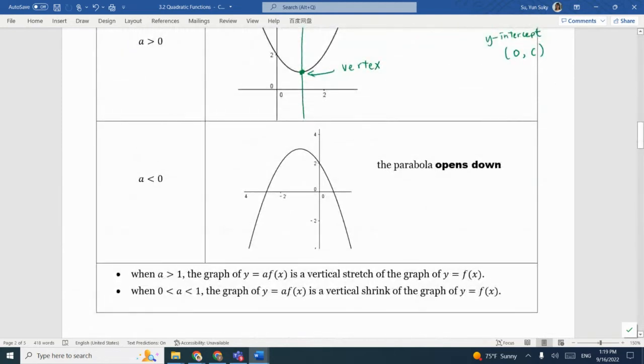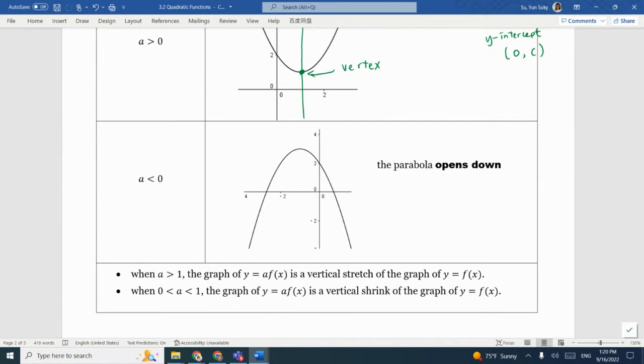All right. So when a is greater than 1, then the graph of y equals a times f of x is a vertical stretch of the graph y equals f of x. Do you remember transformations when we multiply by a number? If a is greater than 1, we have a vertical stretch.